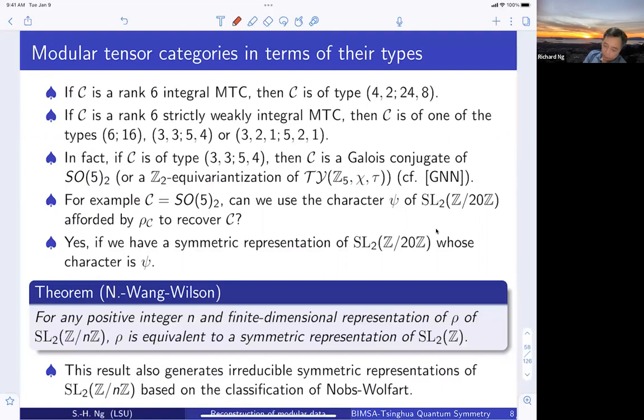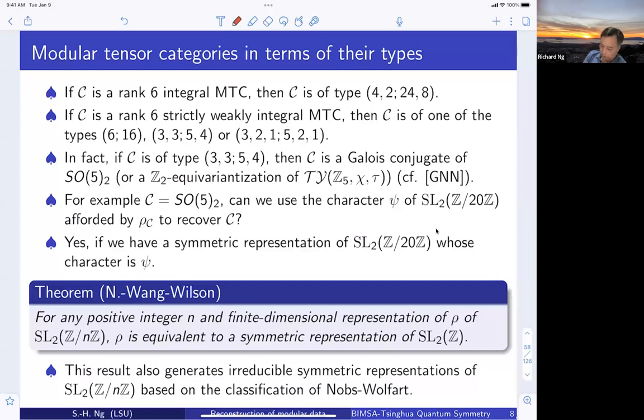What we prove is the following: every representation of SL2Z mod NZ, which is a representation of a finite congruence modular group, you can always have a symmetric representative for the representation. That means given any character of this finite modular group, you can find a representation which is symmetric, whose character is exactly the given one.